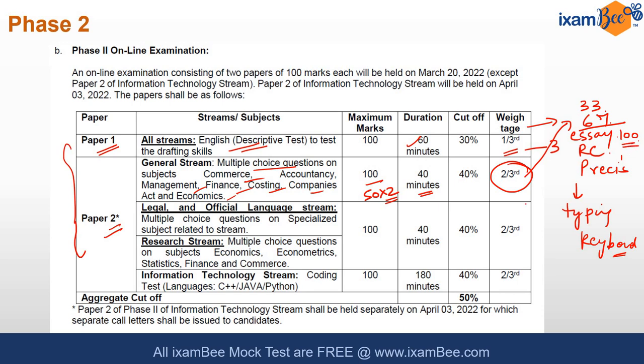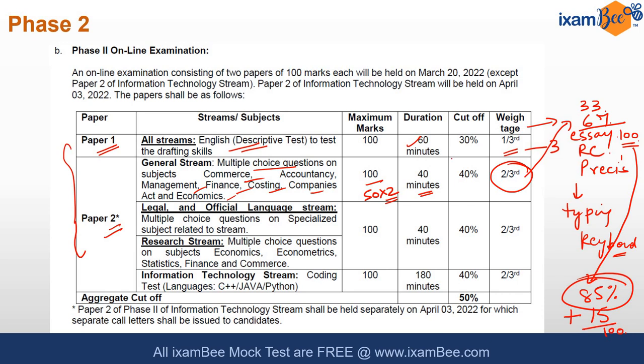So that will be your marks, and this is how your total marks will be taken. This will then be scaled down to 85, and then there will be another marks added from your interview to arrive at the final marks, right? So 85 will come from your phase 2 marks.